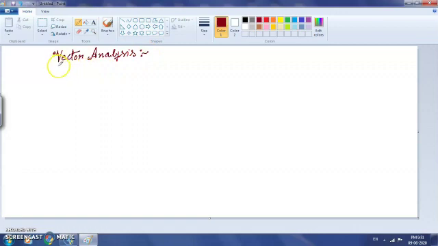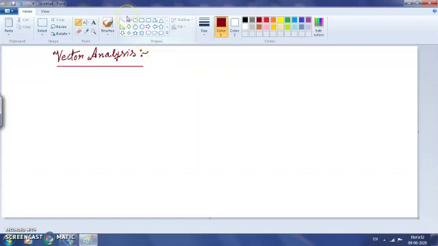There are two types of quantities: one is scalar and another is vector.